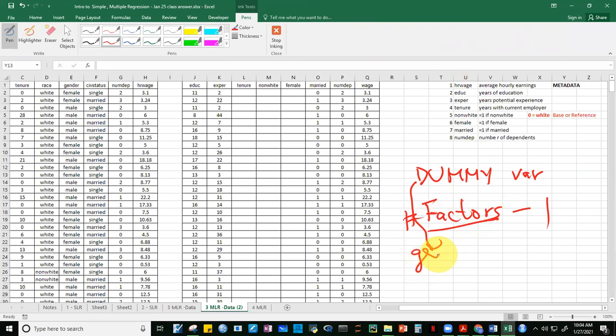So for example, for gender, ilang dummy variables ang ilalagay natin? 2 factors and minus 1. Minus 1 lagi. Okay? So therefore, how many dummy variables are we going to insert for gender? Isa lang, guys. Dalawang factors minus 1, so that means 1. Okay? So how do we do that?